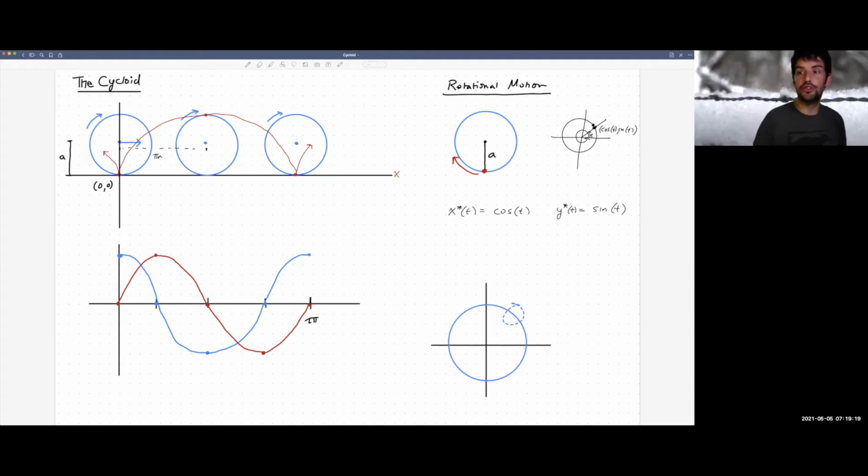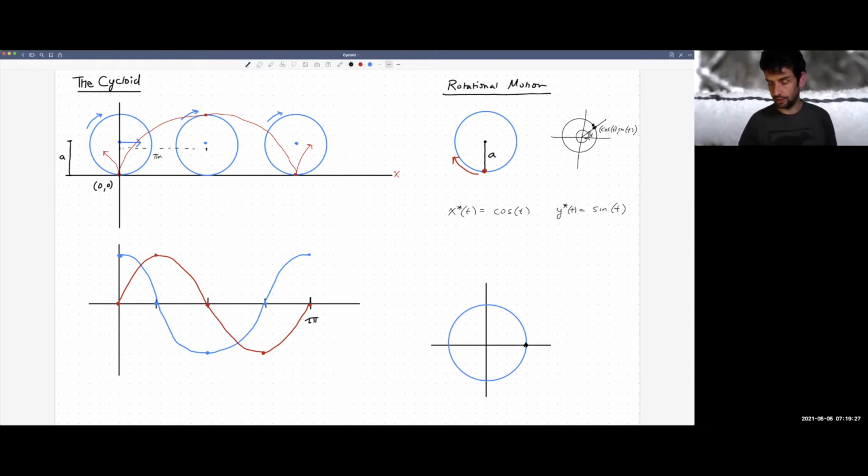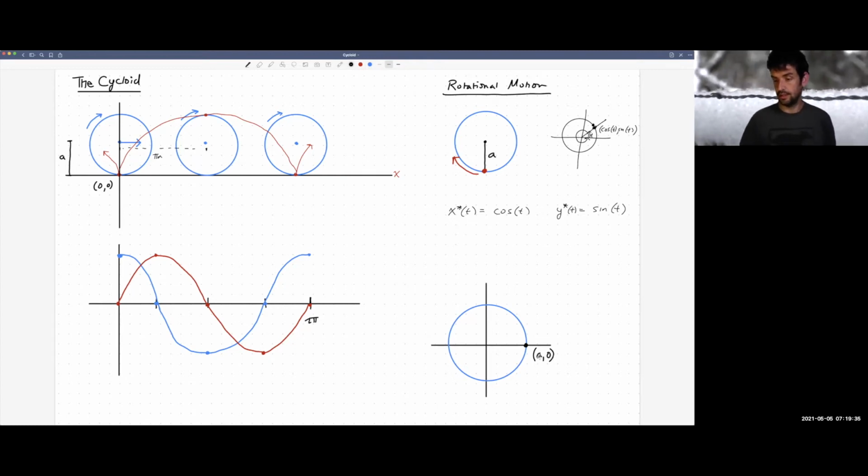Okay, so if we've got the parametric equations we have right now, and let's say that this circle has a radius of A, like the one that we want. So I'm just plotting this one point in, right? So at t equals 0, cosine of 0 will be 1.